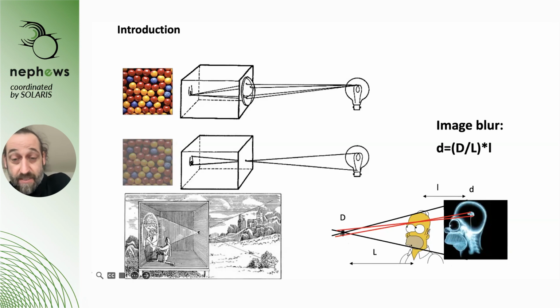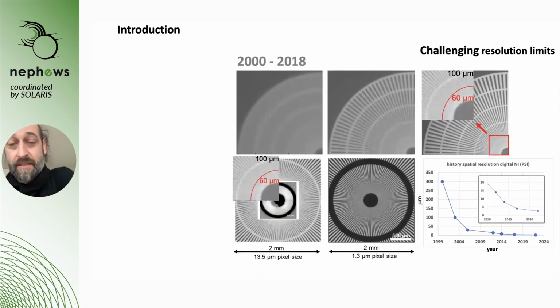The smaller our aperture is, the better the resolution gets, but the less intensity, of course, we have. And then it's important to keep the object very close to the detector, because that obviously improves our resolution as well. So that's why typically we have our object and our detector sitting quite far away from our pinhole, several meters, typically 5 to 10 meters, to achieve a good spatial resolution.